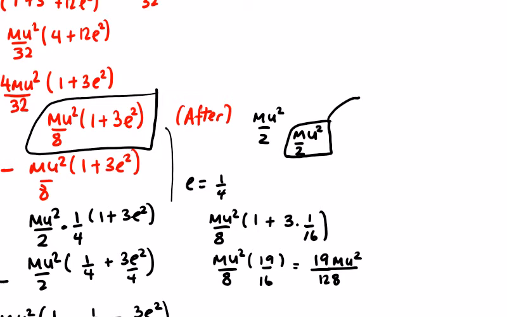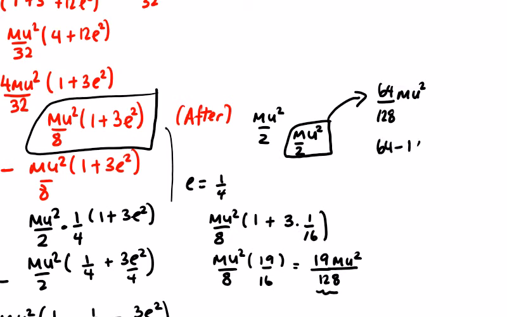So this was it before, mu squared over 2, a half mu squared. In relation to the denominator 128, that would be 64 over 128 mu squared. So it started at 64 mu squared. It became 19 mu squared if you just eliminate the denominator.